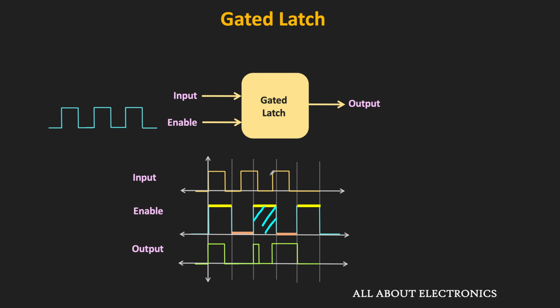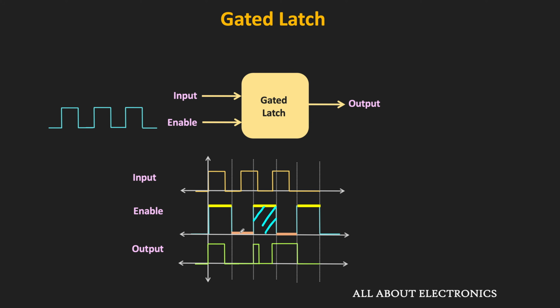During this off time, the input is going from high to low, but still this latch will not respond to that input change, and it will retain its previous state. Now once again, it will become transparent to the input when the clock signal is high, or in other words, once again when the enable input is high. At that time, since the input is low, the output will also become low. So this is the output of this gated latch.